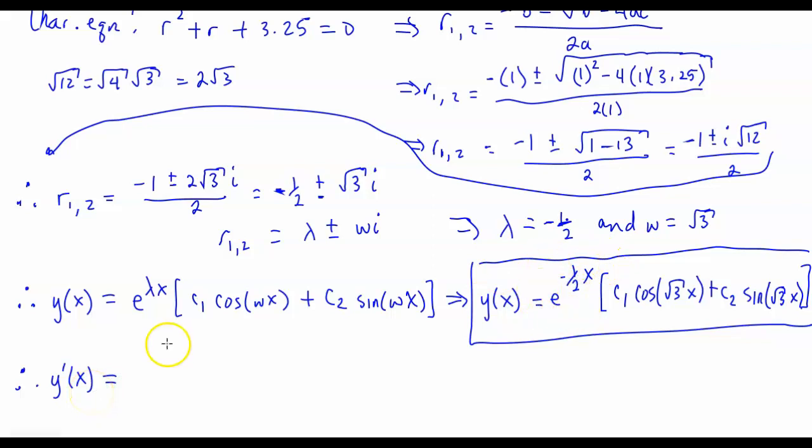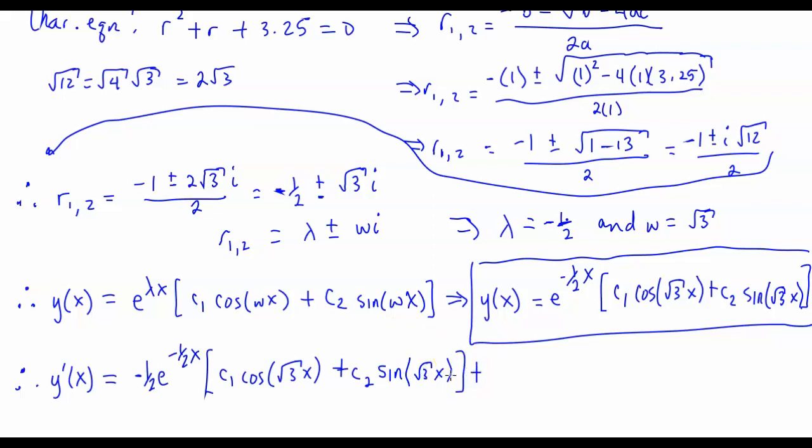So we take the derivative of the first, which is just minus 1/2 e raised to the minus 1/2 x times all of this business here. Plus, and now we just have e raised to the negative 1/2 x times, now we take the derivative of each term here.